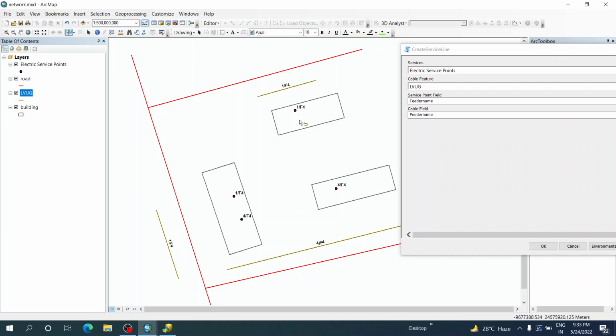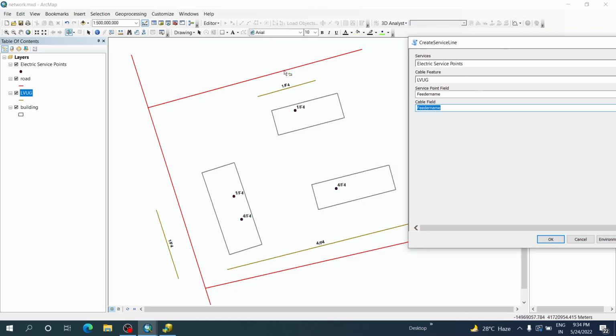Logical thinking means here this service is fed by substation number 1, feeder number 4. So what does it mean? It simply means that feeder 4 from substation number 1 should be passing here. The same applies here. So in this way, or with the help of hard copy maps provided by the client, we draw the main cables.